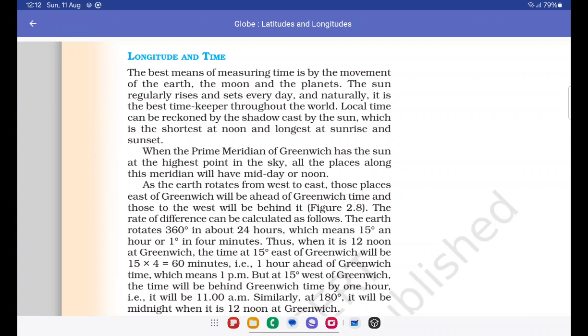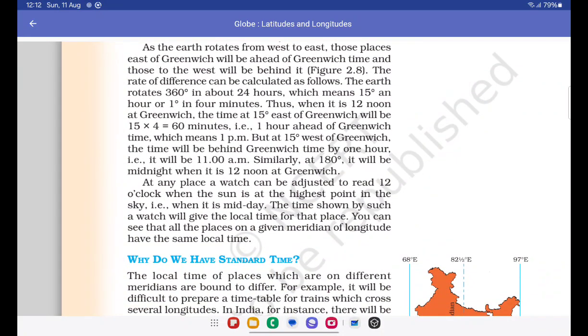And one day has how many hours? 24 hours, which means that it covers about 15 degrees in an hour, or about 1 degree in 4 minutes. Thus, when it is 12 noon at Greenwich, the time at 15 degrees east of Greenwich, east meaning ahead of Greenwich, will be 15 into 4, which is equal to 60 minutes. That is 1 hour ahead of Greenwich. So it would be 1 hour more than Greenwich.